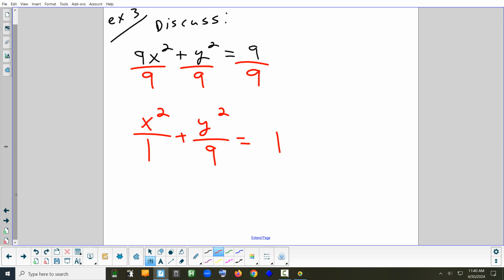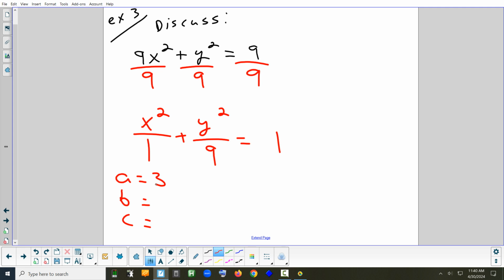Okay, so let's make our table. All right, what's A? 3, not 1, not 9. 3. Because it's 1 and 9, A is the square root of the bigger number. What's B? Square root of 1.